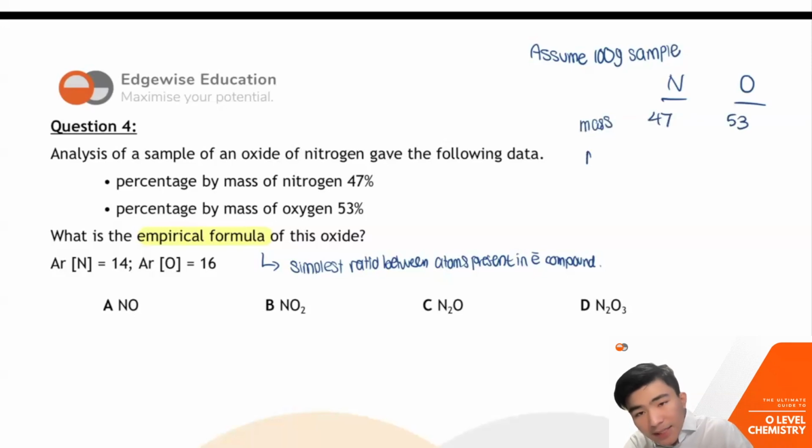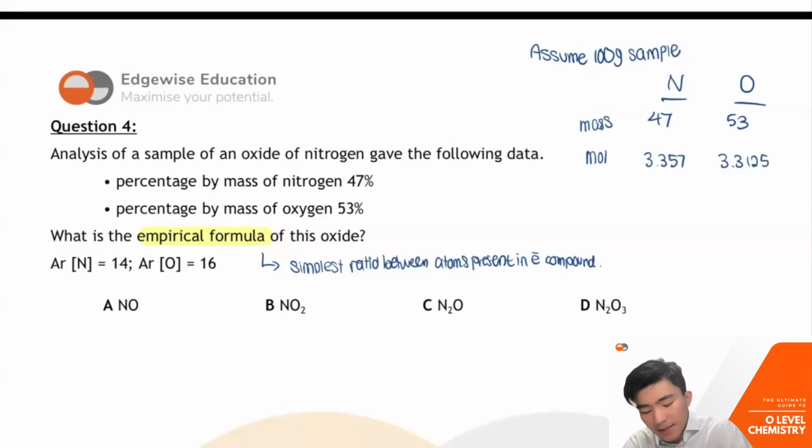Then I find the number of moles. Moles will be 47 divided by 14 for nitrogen, which gives 3.357. What about oxygen? I take 53 divided by the Ar of oxygen, which gives 3.3125.